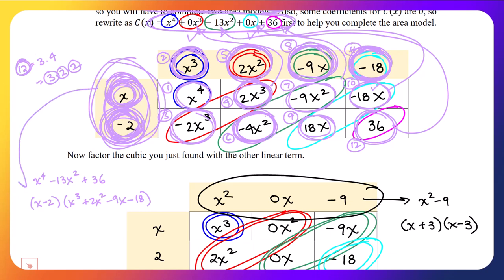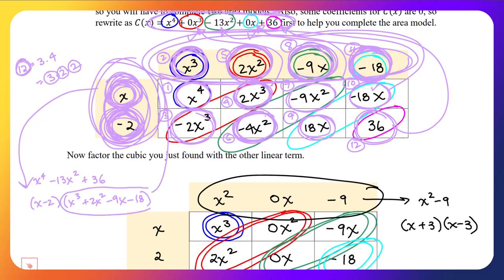The x minus 2 comes from there, and the x cubed plus 2x squared minus 9x minus 18 comes from the quotient position. Now here's what I'm going to do next. I'm going to take this and factor it again using the x plus 2. So this x plus 2 is also a factor. So then I'm going to have the x minus 2 from the previous step. I'm going to have the x plus 2 from this step, and I'm going to get something left.